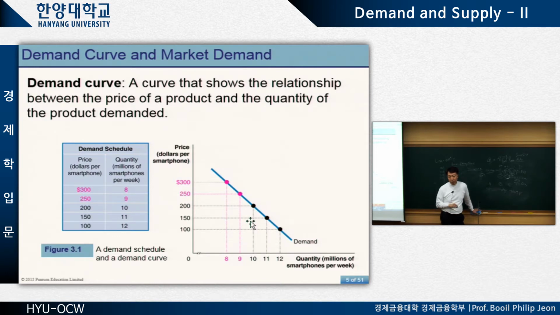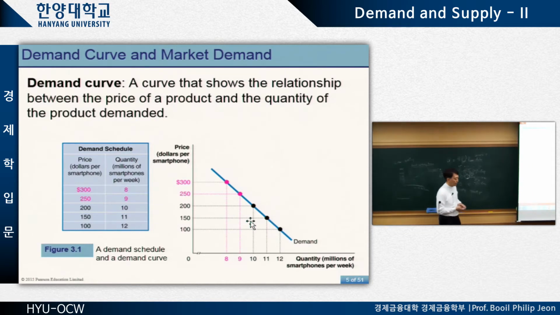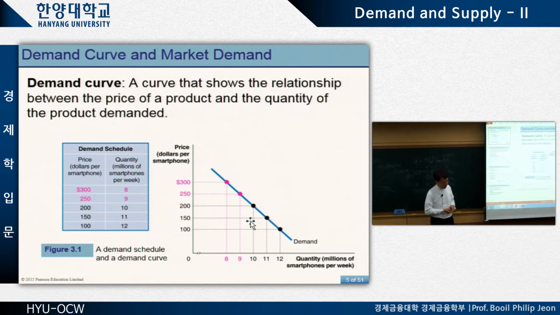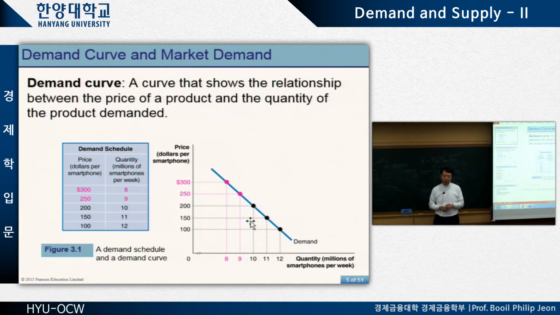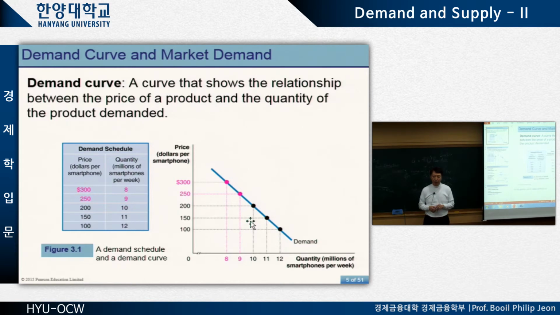But in this course, it is sufficient to just understand the concept of substitution effect and income effect. In your next course, which in this college we just call microeconomics, there's introduction to economics, and then principles of microeconomics or macroeconomics.